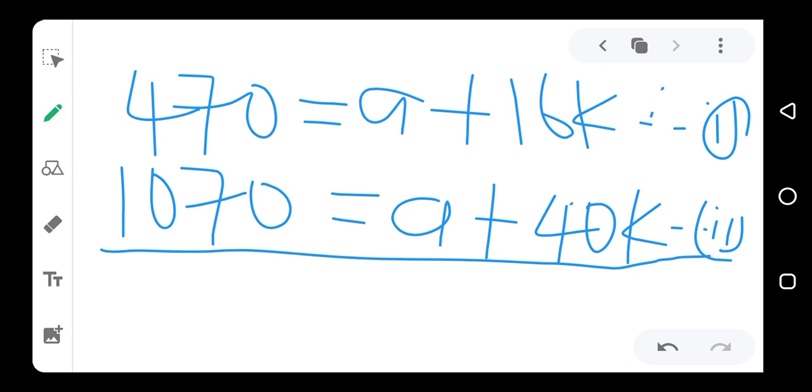Now using elimination method, which one is greater? The terms in equation 2 are greater than the terms in equation 1. So let's subtract the terms in equation 1 from terms in equation 2. So 1070 minus 470, that will give us 600.